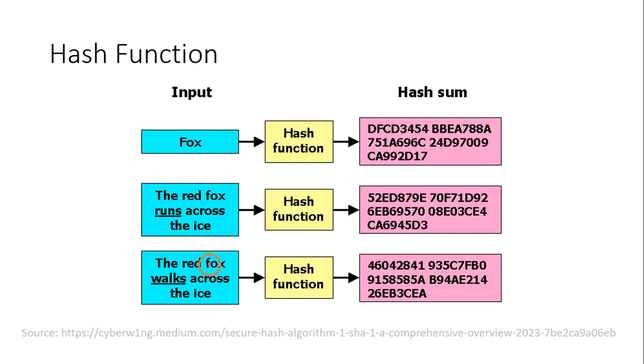In the third example, we have changed "runs" into "walks" and we got a completely new hash value. So even if you change the input text a little bit, even one character, the hash function is going to give you a completely new hash.